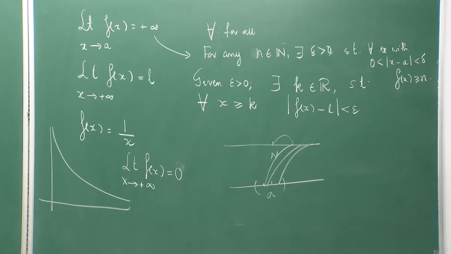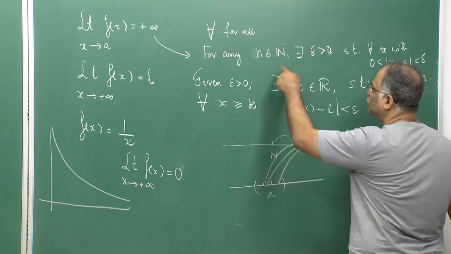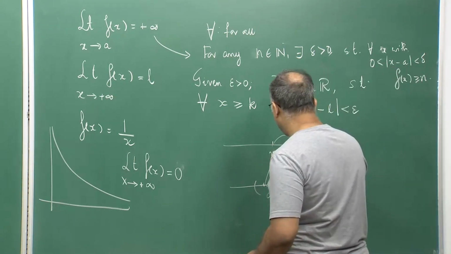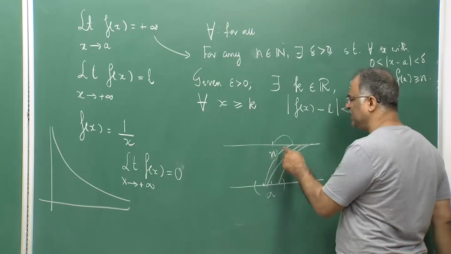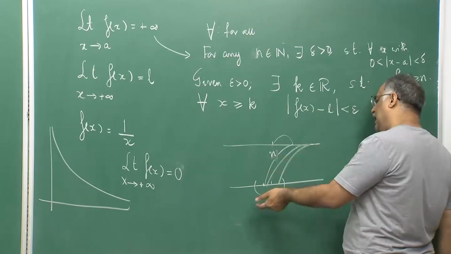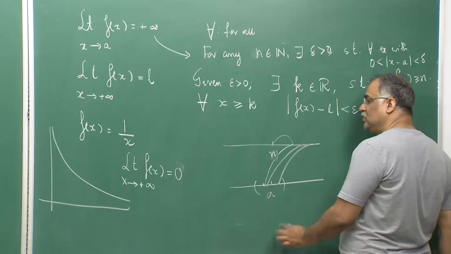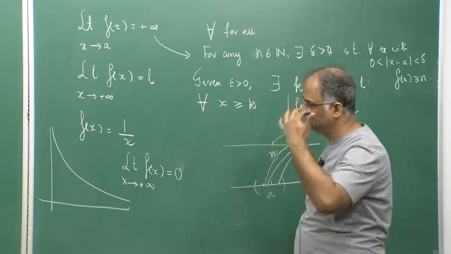So it is a blowing up situation. However big n you choose, however large this n you choose, it does not matter, it could be 1000, 2000, 10,000, I can always find x's near A such that the functional values are just going up.